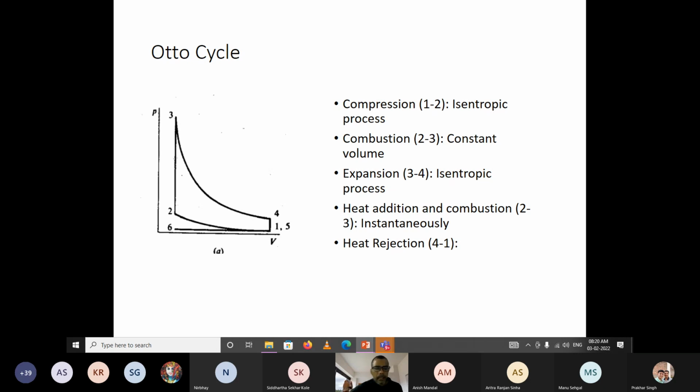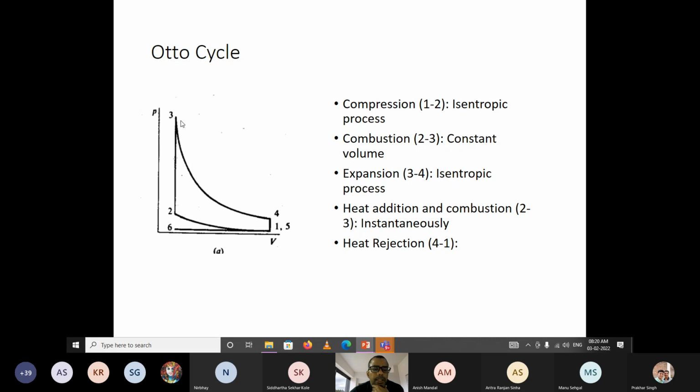Now, can anyone tell me what we understand by the meaning of combustion taking place at constant volume? What does it mean?